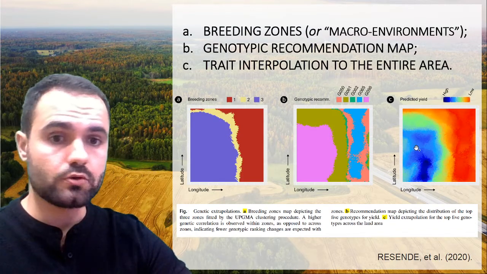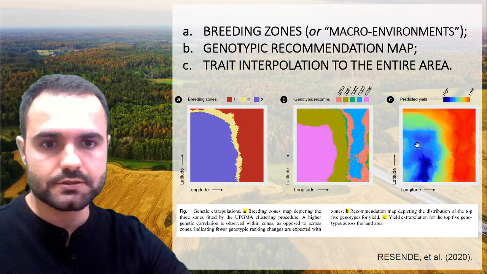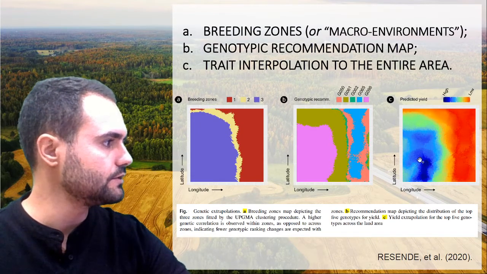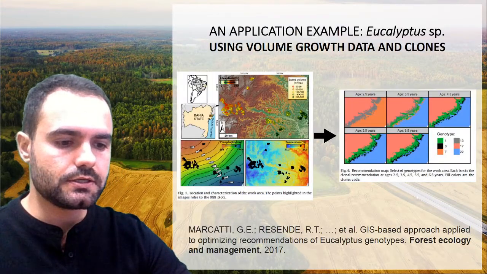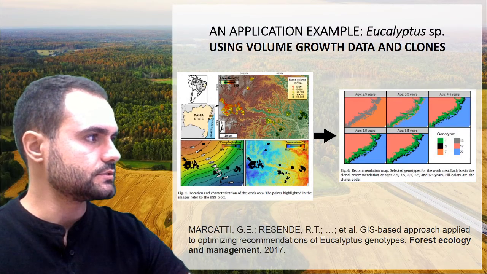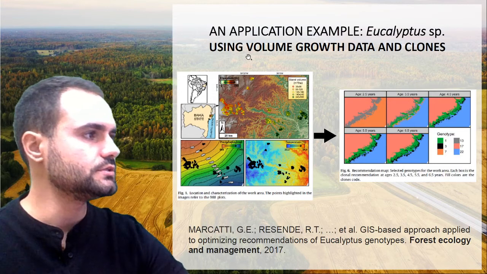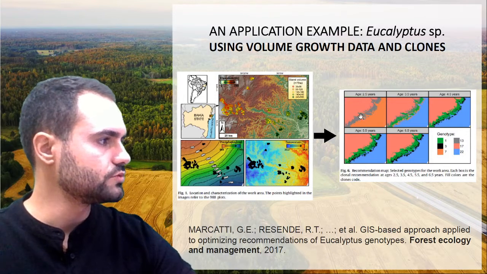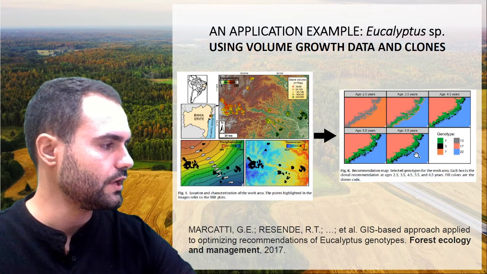Here is a bonus result, that is trait prediction for the entire area. Here is an example like yield or volume. Here is a practical result: we studied eucalyptus clones using volume growth or wood increment across ages, and so taking an early age or a so-so age.